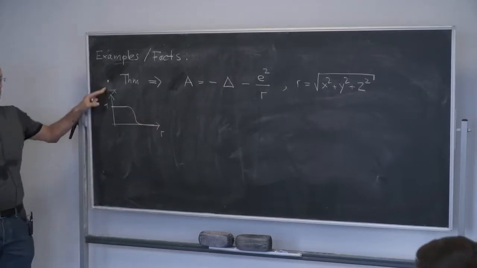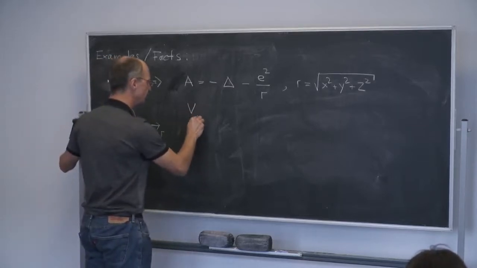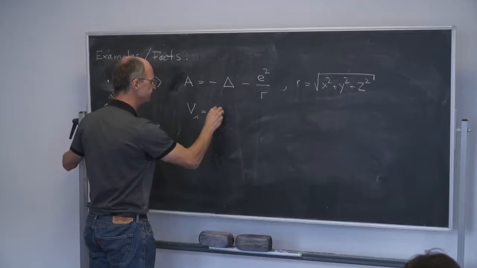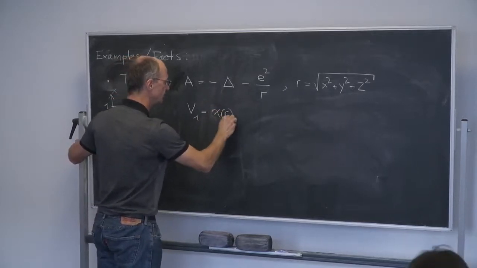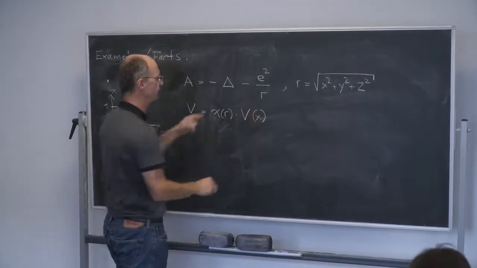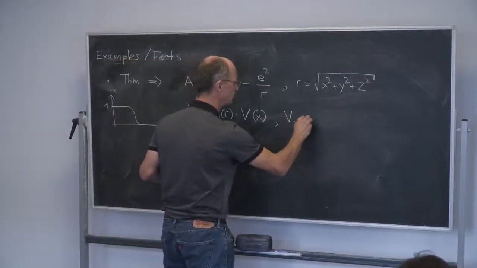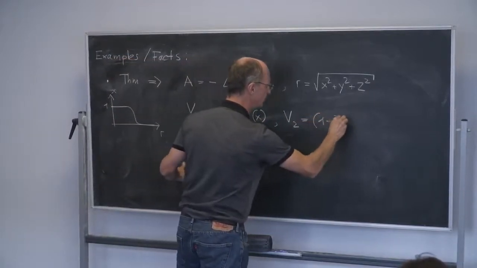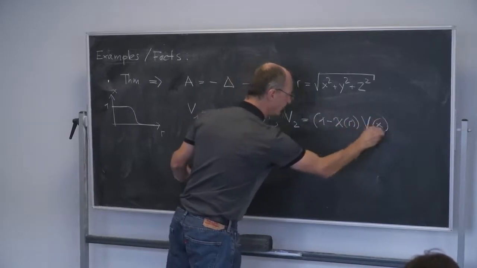Let's take such a chi function, and let's say that v1 will be chi of R times v of x. So v of x is this expression, and then v2 will be 1 minus chi of R times v of x.